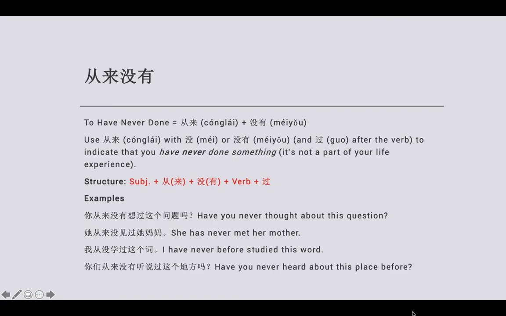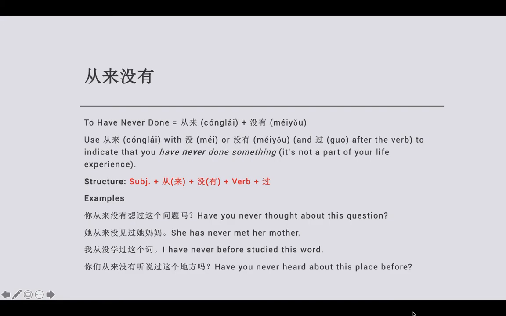从来没有. And here, as indicated in the structure, you can see the 来 or 有 can also be omitted in casual speech. For example, 你从来没有想过这个问题吗? You 从来没有 have never 想过 thought 这个问题吗 about this question?